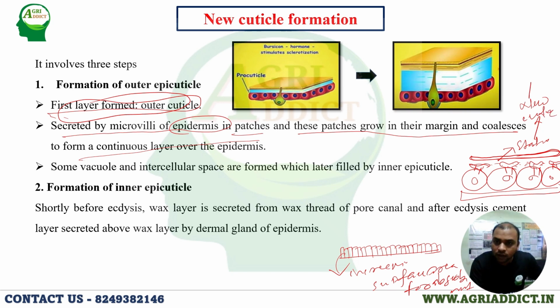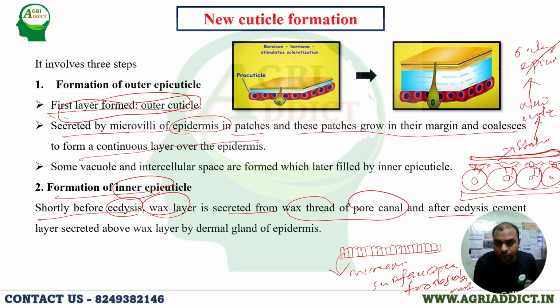This is called the outer epicuticle. Okay, then comes the formation of the inner epicuticle. Shortly before ecdysis, the wax layer is secreted from the wax thread of the pore canal, and after ecdysis, the cement layer is secreted above the wax layer by the dermal gland.